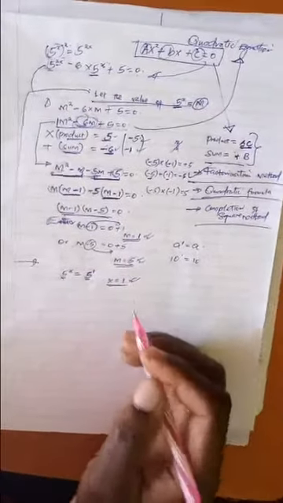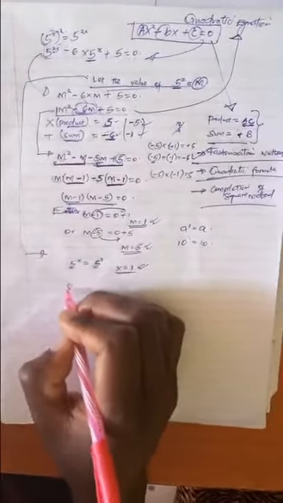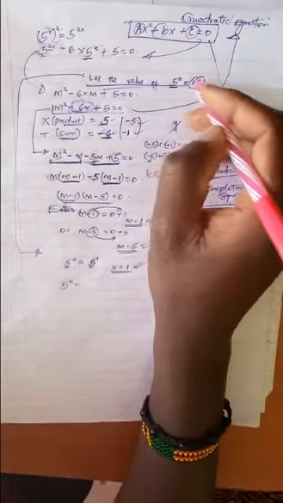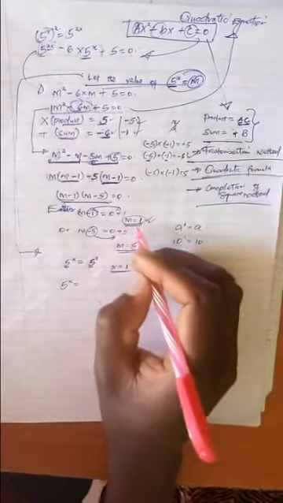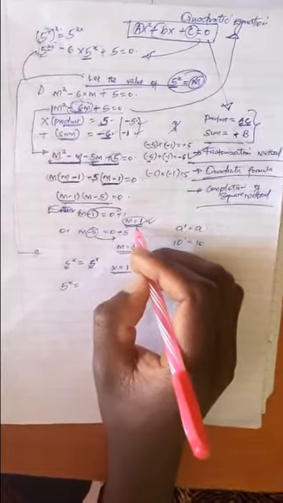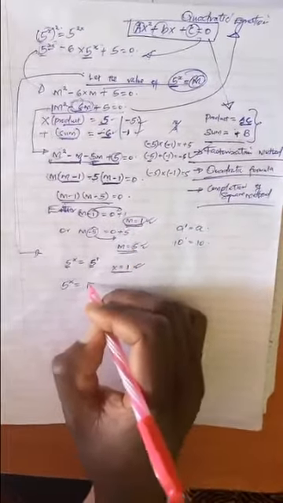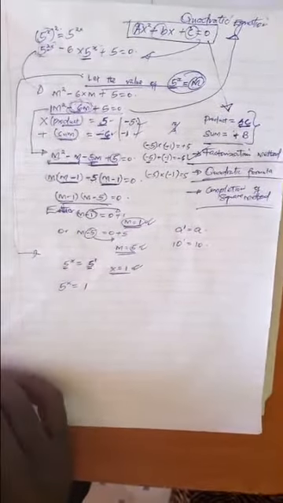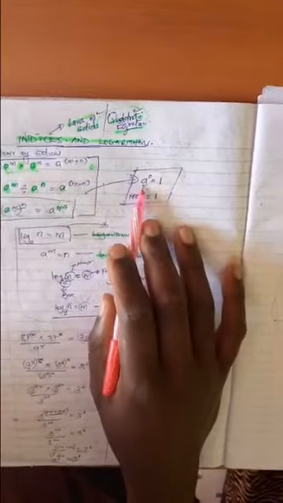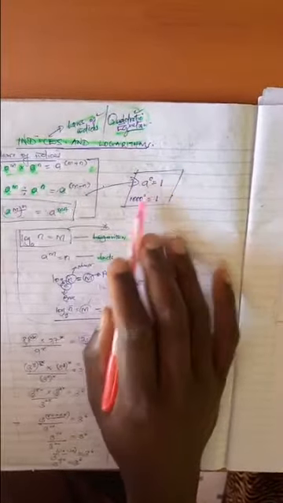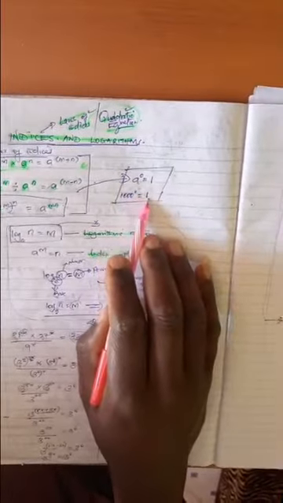The second value, 5 to power x is equal to the value of m. The next value of m was 1. Now, if you remember, I said that a to power 0 is 1. 1000 to power 0 is 1.